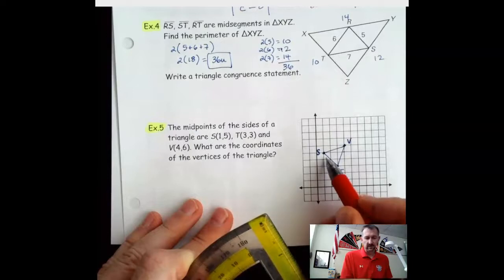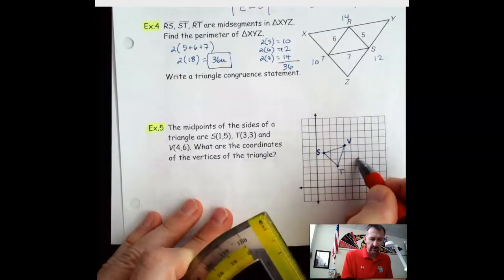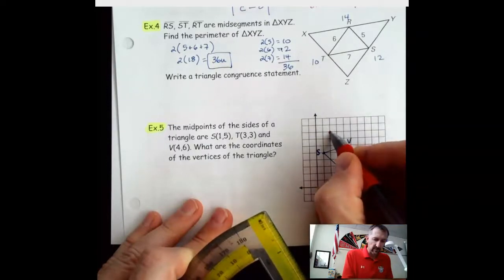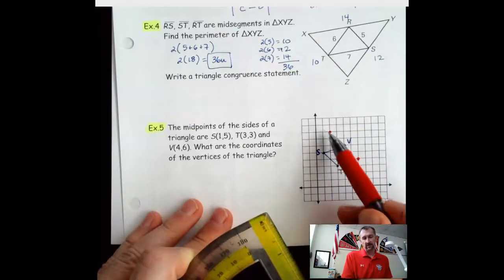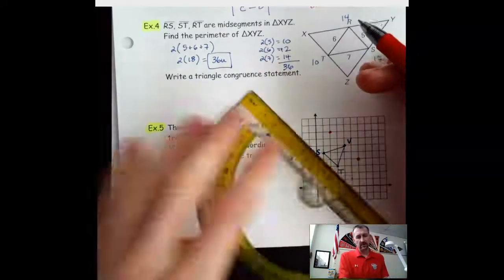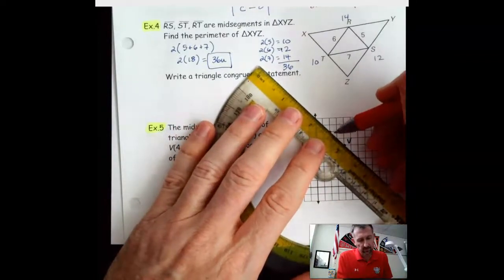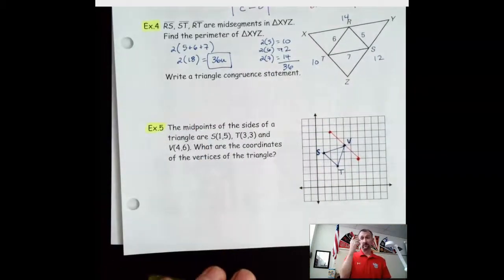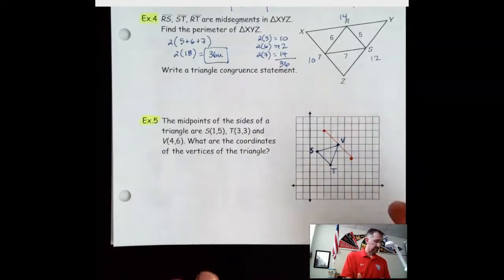So if you look at this, this goes down 2 to the right 2. So if I go down 2 to the right 2, that would give me this point. If I go up 2 to the left 2, that gives me that point. So that has a slope of -1. This has a slope of -1. So they're parallel. And because I went down 2 over 2, then it's going to be twice as long. Okay, so we already have 2 coordinates right there.